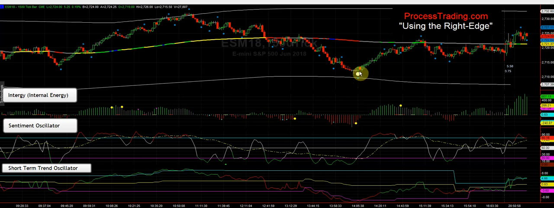But the whole point still is, as the process trading philosophy, you want to buy into strength, which is what we're doing here. And so you're going to take this trade, and then you're going to continue to monitor the discretionary indicators because of taking a discretionary trade.